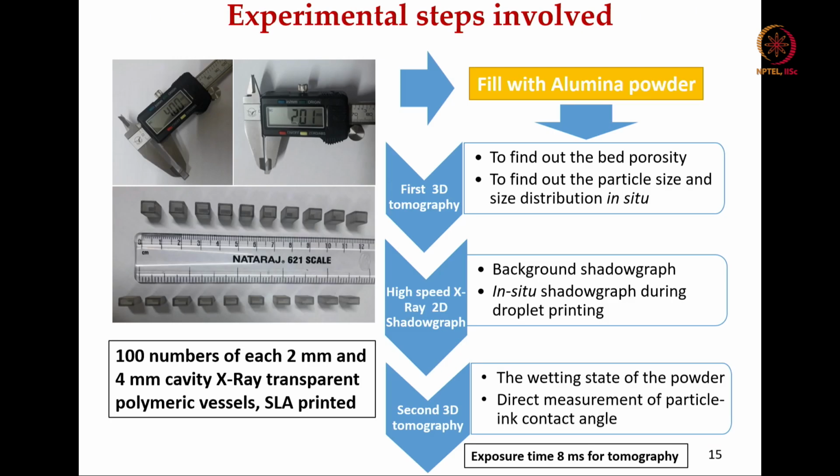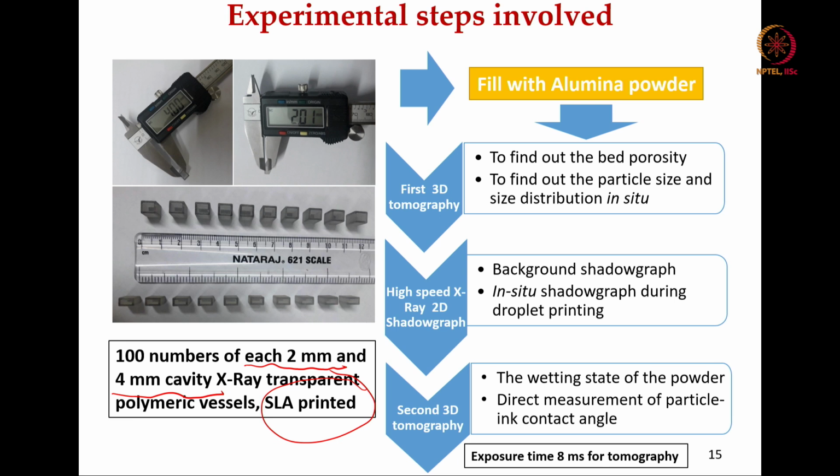So, what are the experimental steps involved? We first 3D printed a cuvette with 2 millimeter and 4 millimeter cavities, which is SLA printed. These are polymeric vessels, which are filled with the alumina powders.